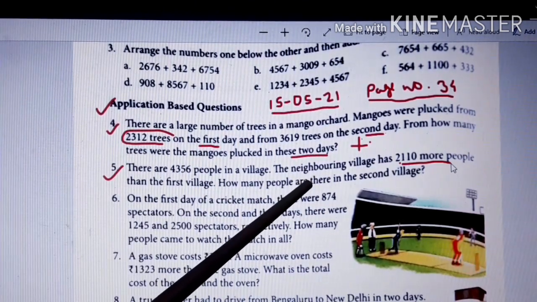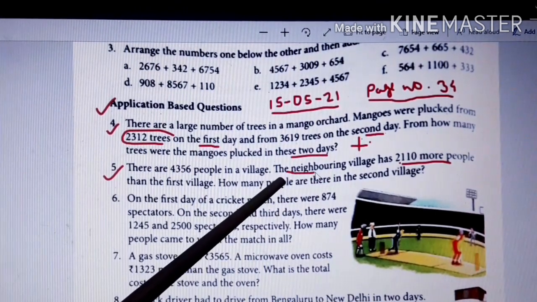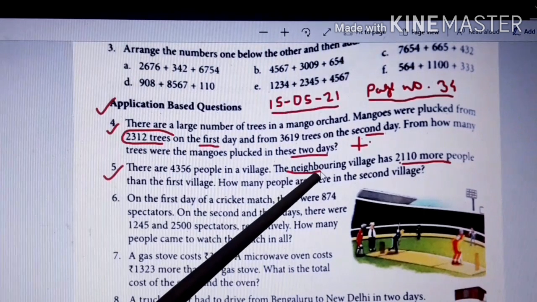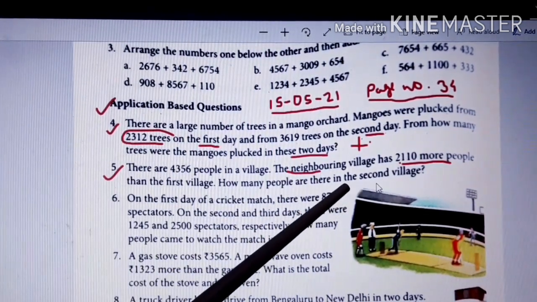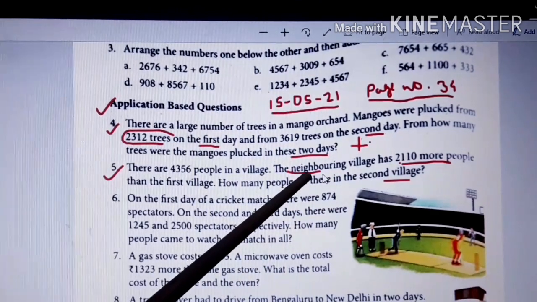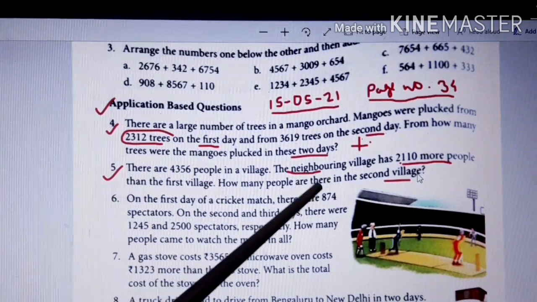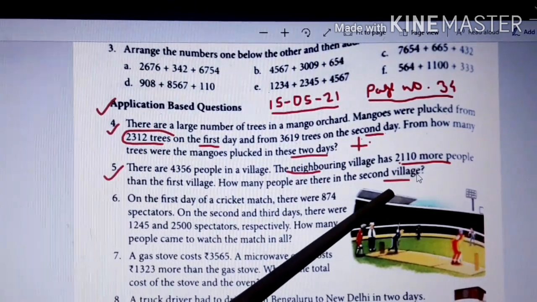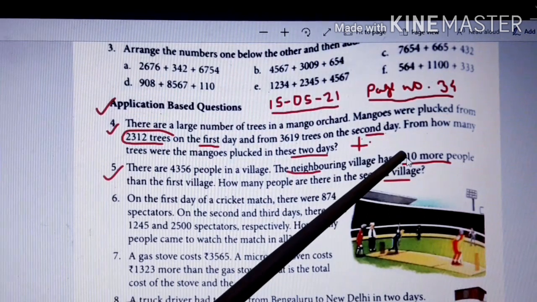We are going to do addition. We are going to find the number of people in the neighboring village. Okay. How many people are there in the second village? Second village means neighboring village. So you have to find how many people are there in the second village. So how can you find, children? How many extra are there? How many more are there?